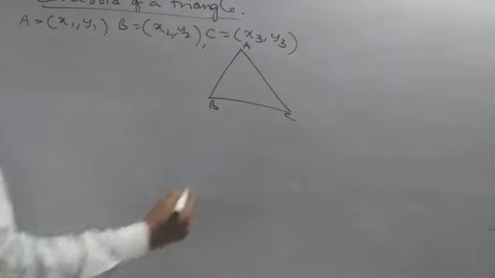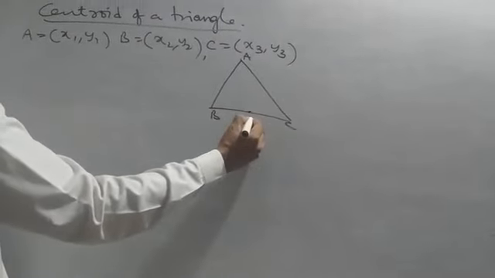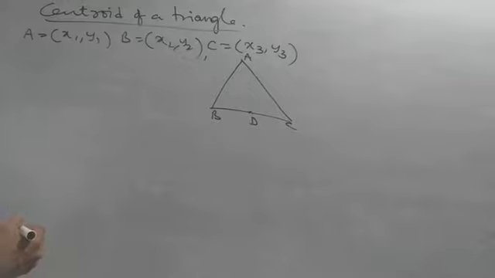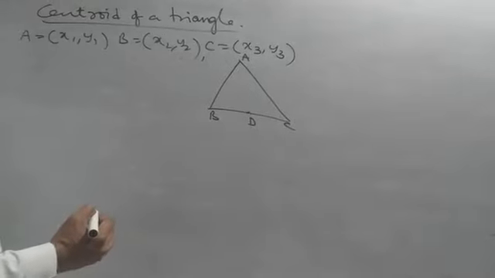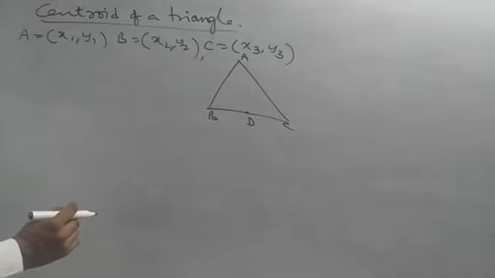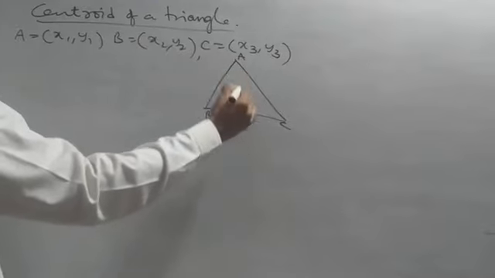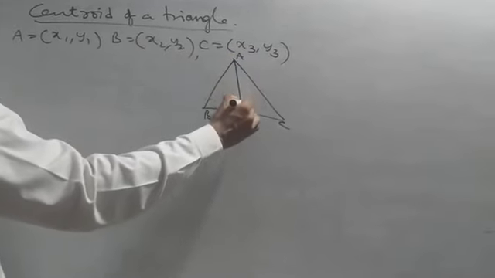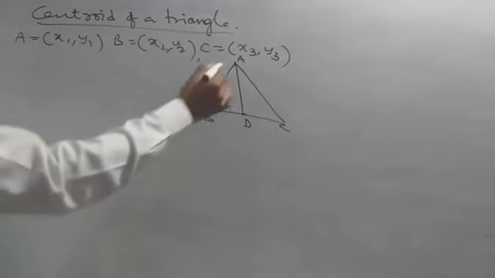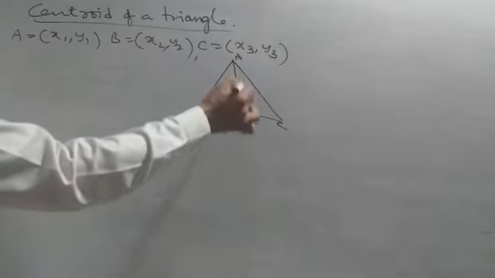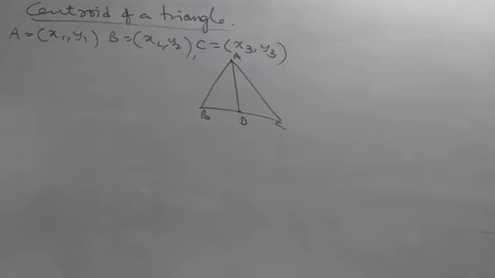Centroid is nothing but the concurrent point of medians, where a median is the line segment joining a vertex of a triangle and the midpoint of its opposite side.